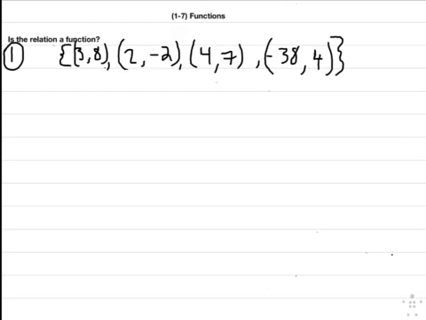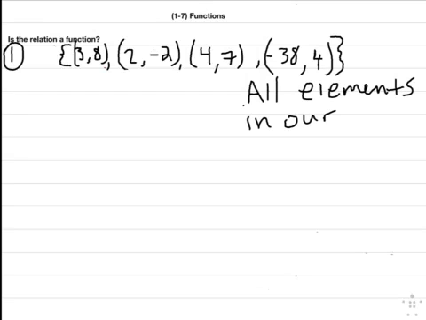Well, to be a function, we need all values, inputs, maybe let's write all elements, right? We know that word now, elements. So we need all elements, values, inputs, in our domain. I'll put DOM.